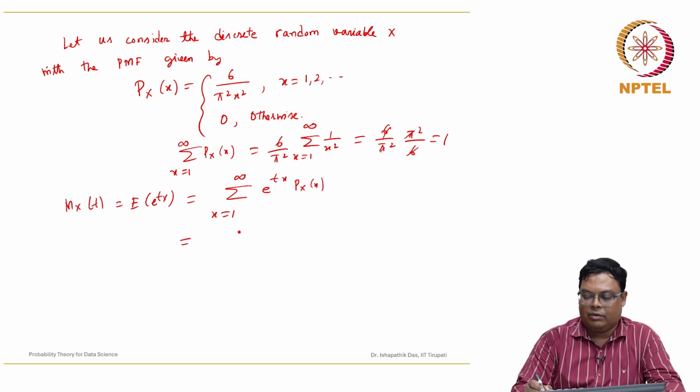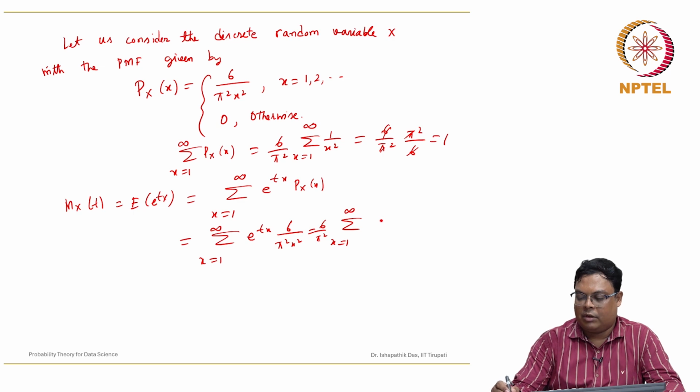This is equal to the summation over x from 1 to infinity of e to the power of tx times P_X(x), which is nothing but 6 by pi square x square. So 6 by pi square can be taken outside, and then the summation over x from 1 to infinity of e to the power of tx by x square.